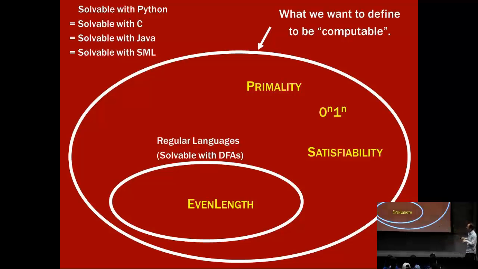We want to define this to be the set of problems that can be solved by algorithms. We have an intuitive or somewhat unsatisfactory definition, but we want to come to a really satisfactory definition. Any questions so far?